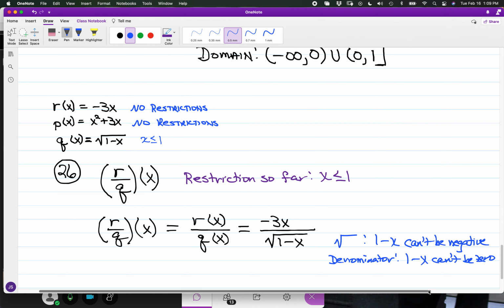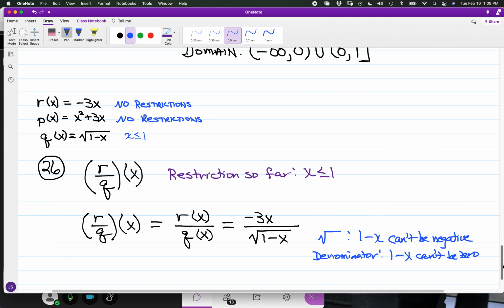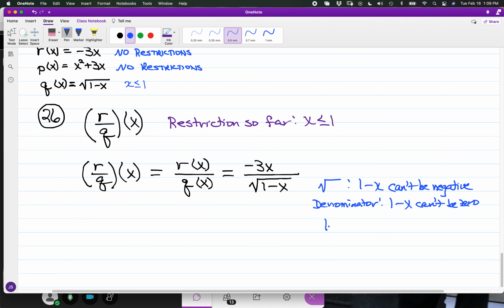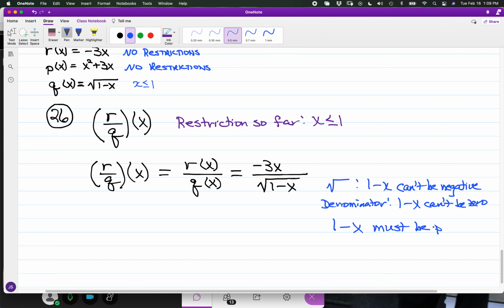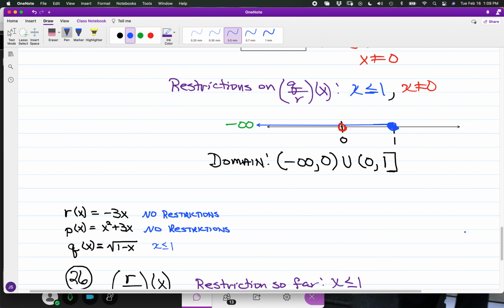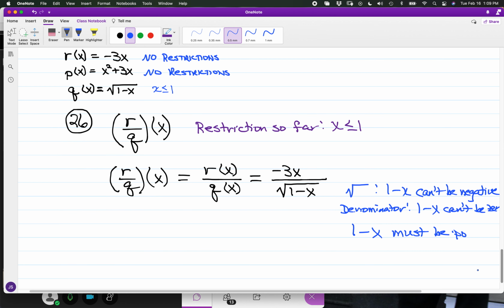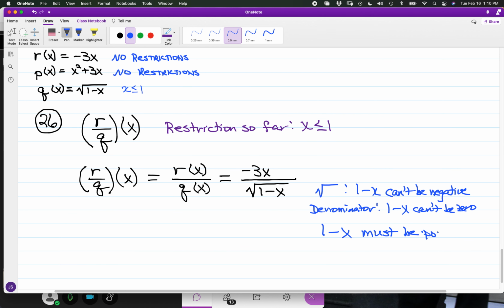So for R over Q of x to be defined, 1 minus x must be positive. So for the defining inequality, we have 1 minus x is greater than 0.